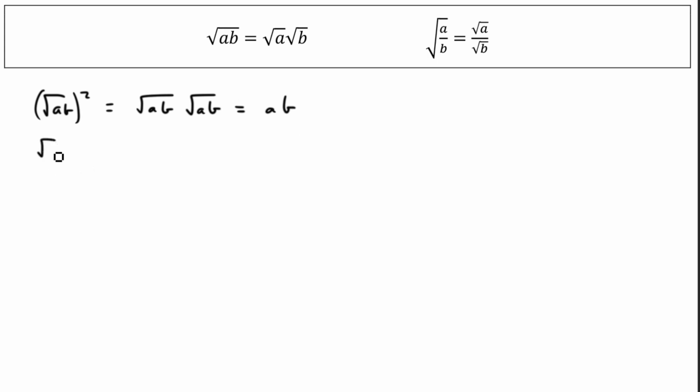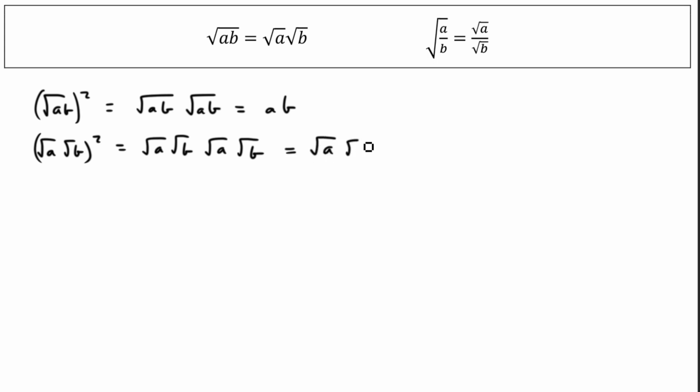If we took the square root of a times the square root of b and squared that, we would have square root of a times square root of b times square root of a times square root of b. But these are just 4 numbers, so we can multiply them in any order we want.